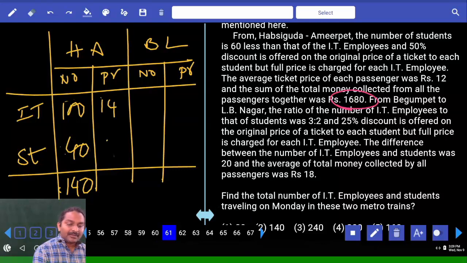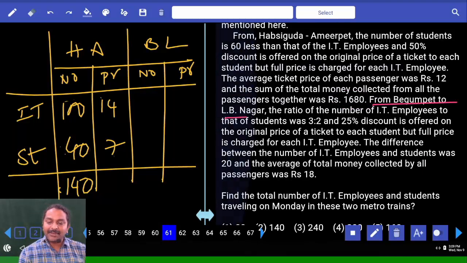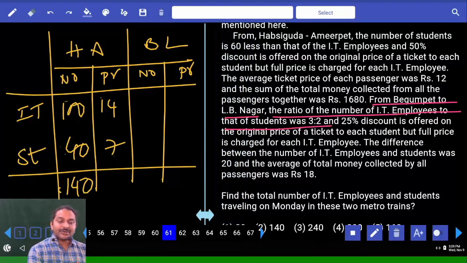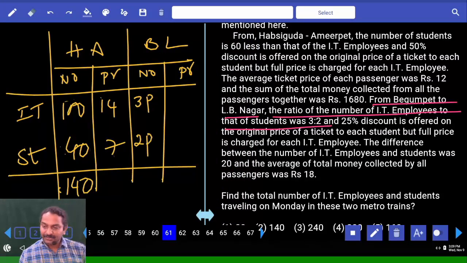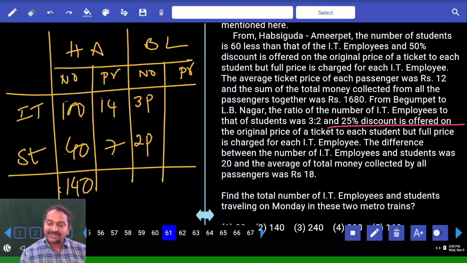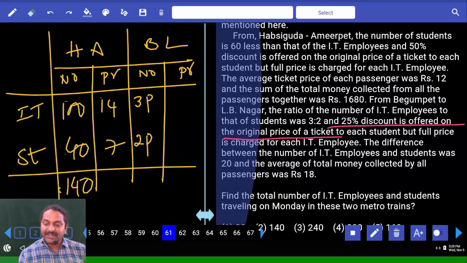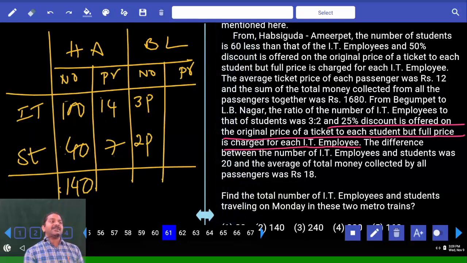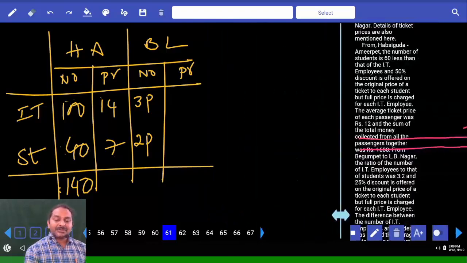14, 7. Next. From Begumpet to LB Nagar, the ratio of number of IT employees to students is 3:2. 3 parts, 2 parts. If 25% discount is offered on the original price of a ticket to each student, but full price is charged for IT employees. 25% in fractional form is 1/4. So I'll treat price of IT employees as 4x.